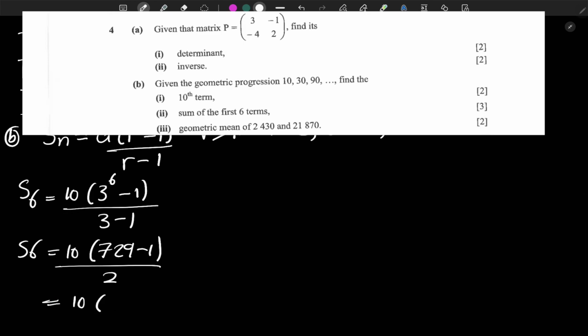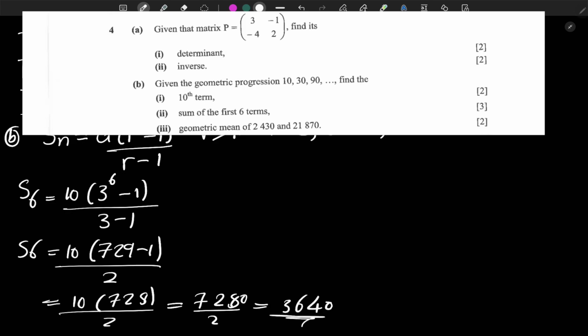If we subtract 1 from 729, we get 728 over 2, times 10 on top, we get 7,280 over 2. Divided by 2, we have 3,640. So that is the sum of the first 6 terms.